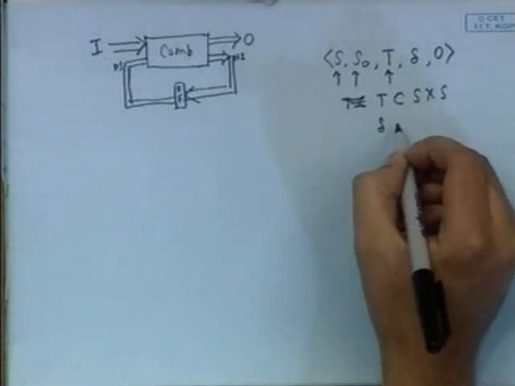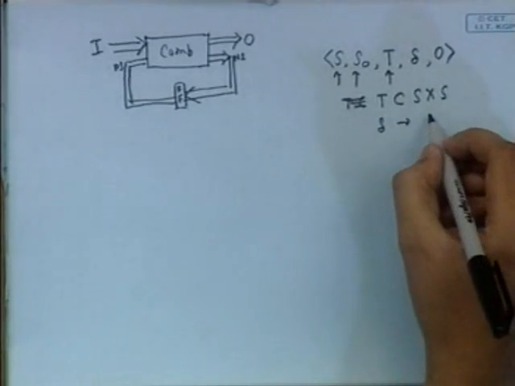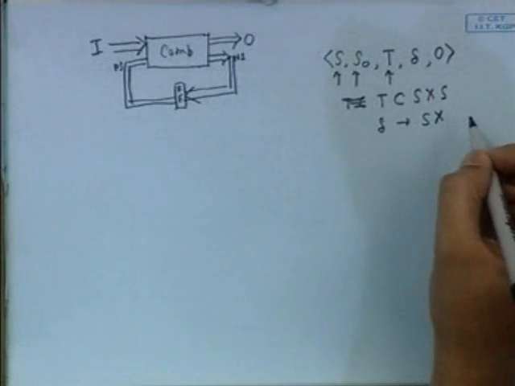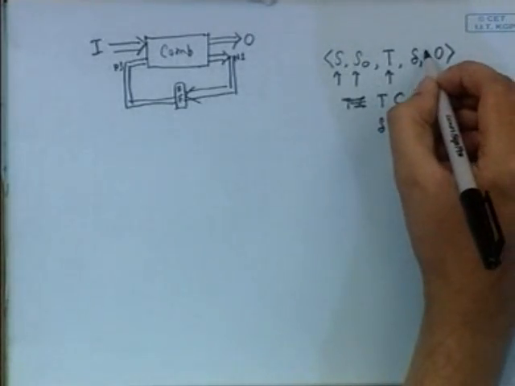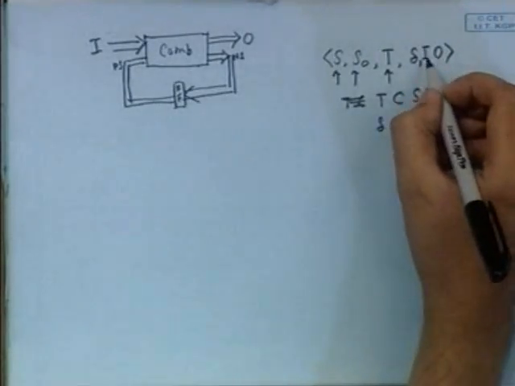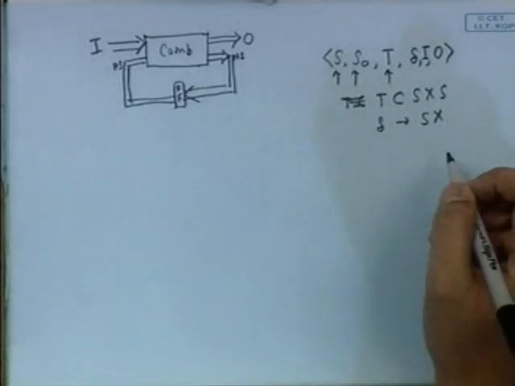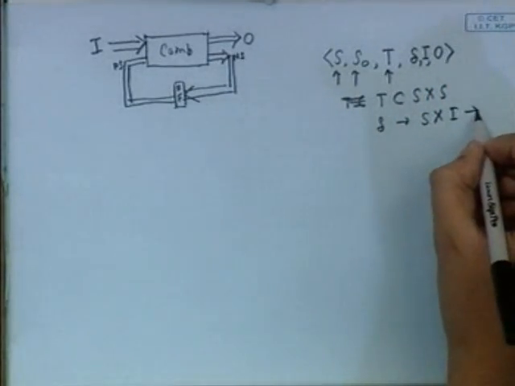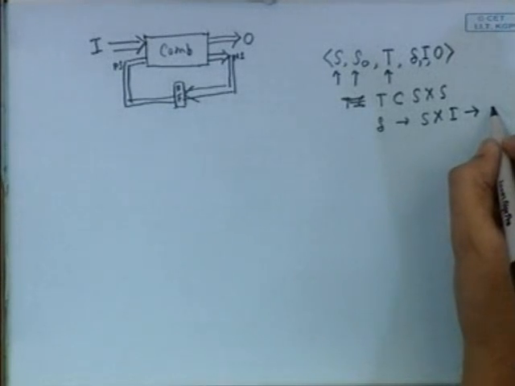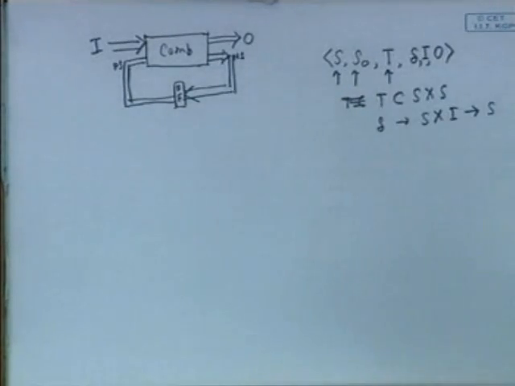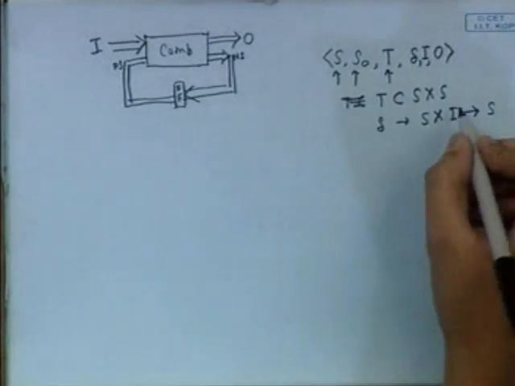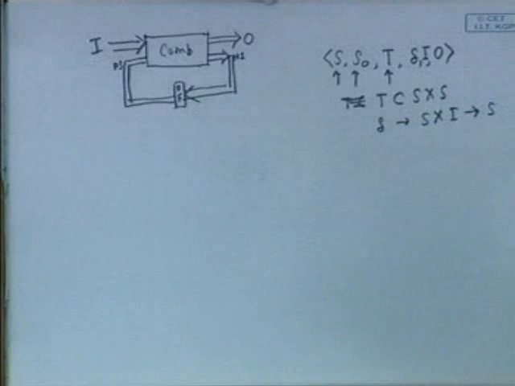That means delta is a mapping from S, and there are some inputs also. I are the input alphabets, O are the output alphabets. For our case, we will consider only 0 and 1 as input and output alphabets.